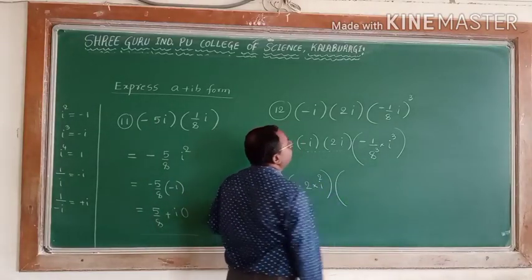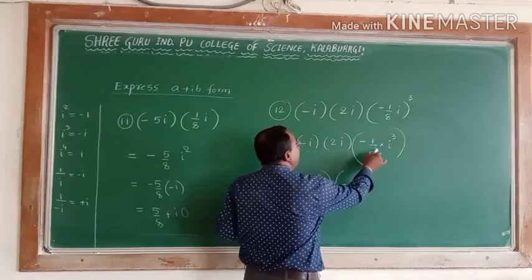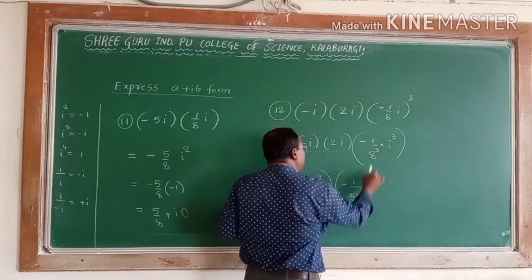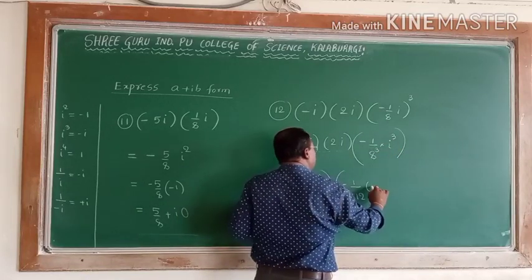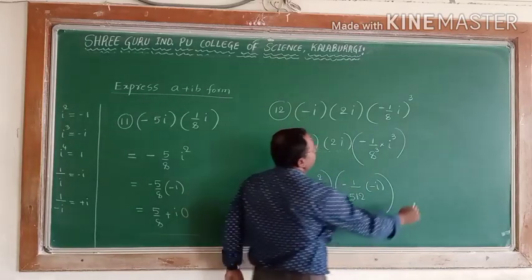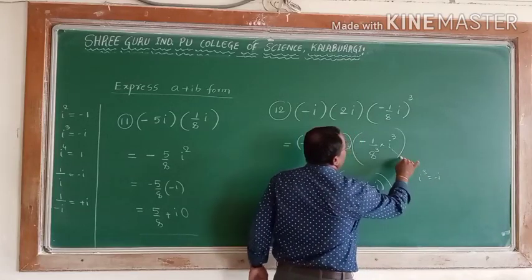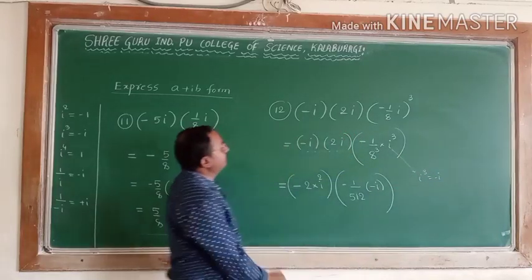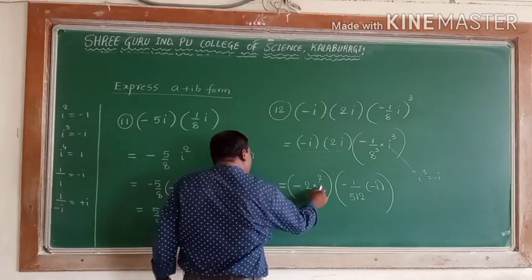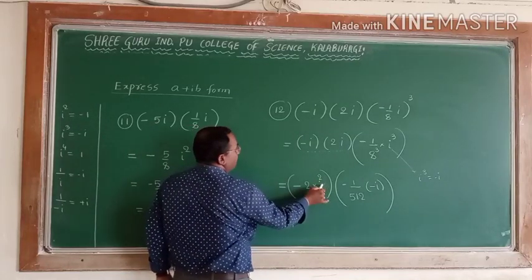Next, minus 1 by 8 cube is what? 512. i cube value is what? Minus i, because i cube value is minus i, equal to i square value. This i square value is what? Minus 1.